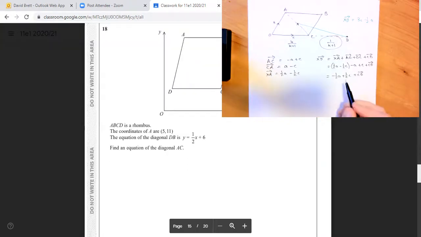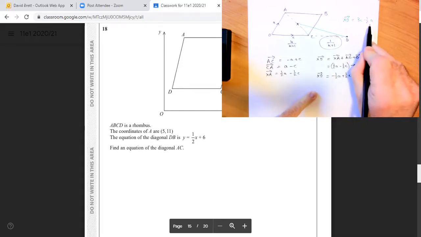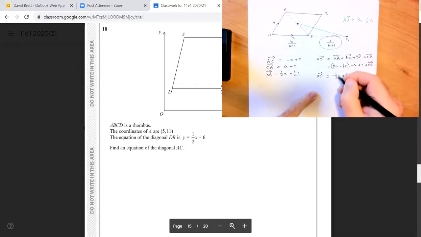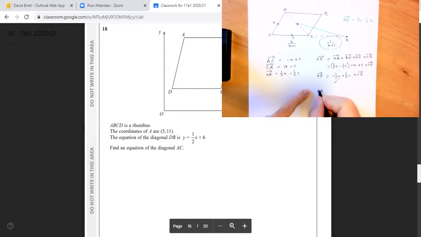Okay, so if we look here, this is what X to D is. And we know that X to D is 3C minus a half A. So I've got the minus half A bit. I've got half a C. So this C to D must be the remaining 2.5 C.